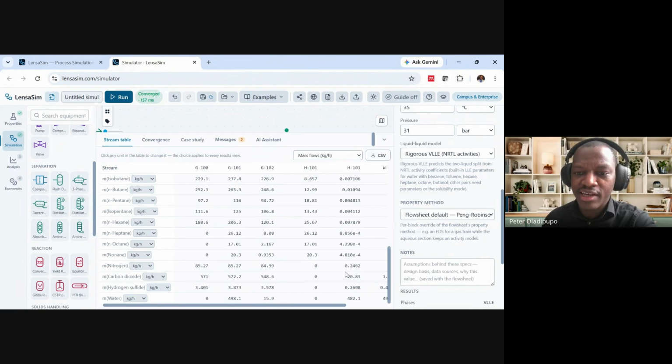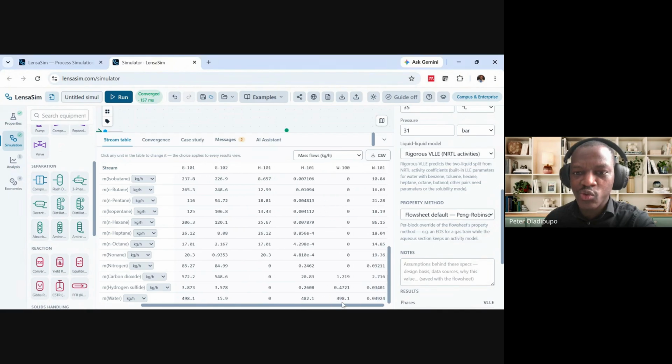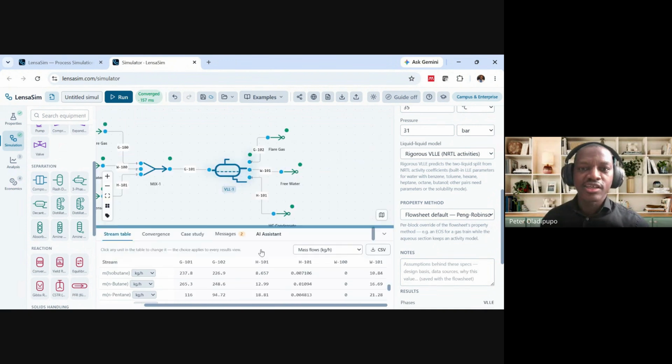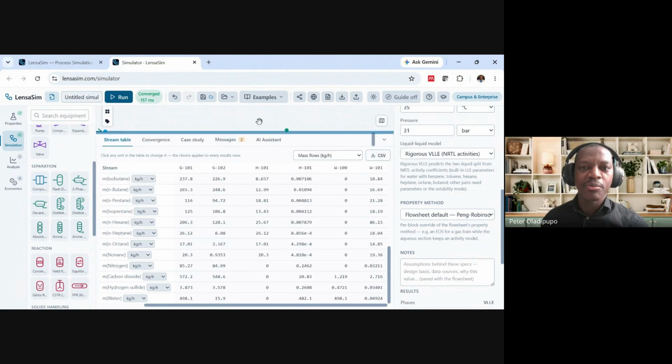Now you have 15.9 in G102, and in the water stream W101, almost everything is in W101 now. There's some water contained in the hydrocarbon condensate as well as the water stream itself. You can see most of the water has gone to the water stream.